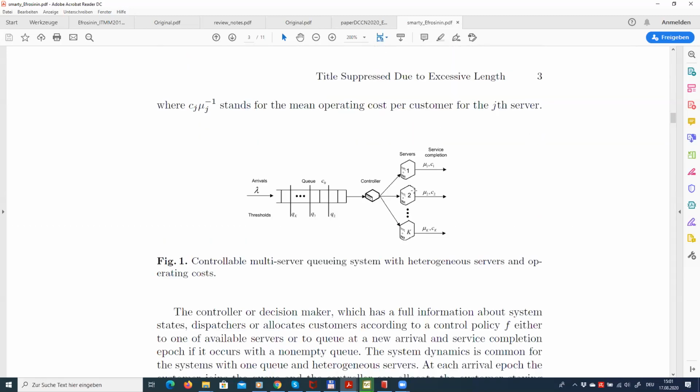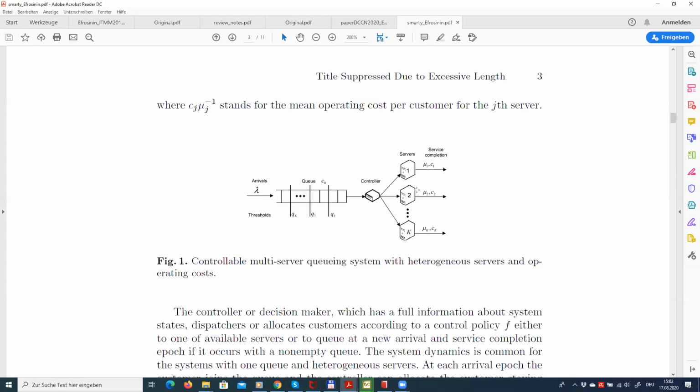Typically, the general problem consists in optimal allocation of a customer that has arrived to the system. The controller must allocate this customer between the servers that are heterogeneous, not only in service intensities, but also in service costs.